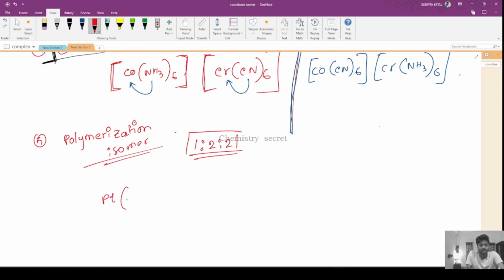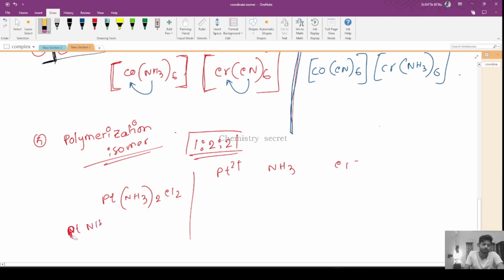If we take platinum NH3 whole 2 Cl2, here we write Pt2 plus, ammonia and chlorine. And if we write platinum NH3 whole 4 and platinum Cl4, what do we see?